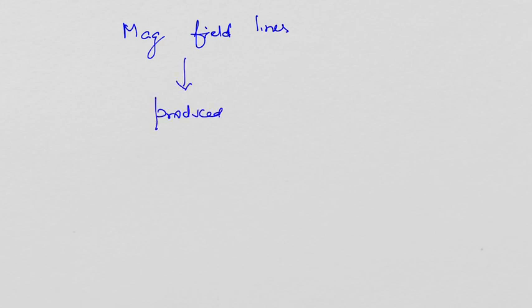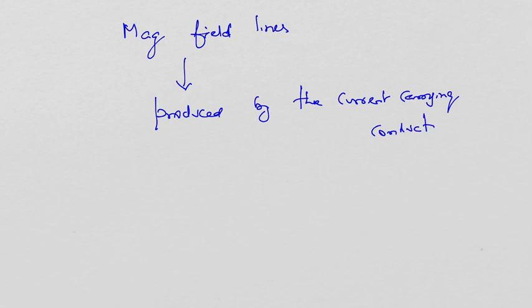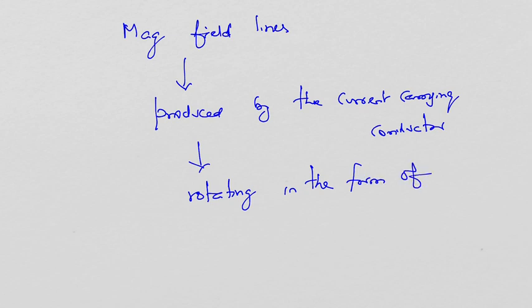So in general, magnetic field lines produced by a current carrying conductor will be rotating, circulating in the form of concentric circles.